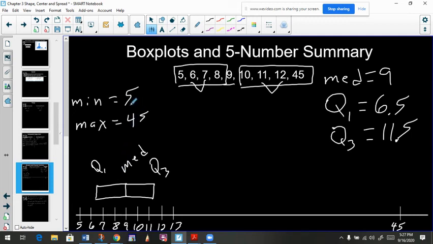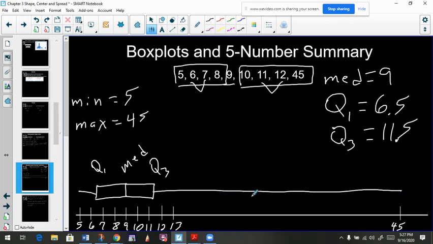The minimum value is 5. So I need to go from the lower quartile and draw a whisker down to 5. The maximum value is 45, so I need to go from this end of the box, quartile 3, all the way up to 45. And you can see, because it's so stretched out, that clearly this is either skewed right and/or has an outlier.